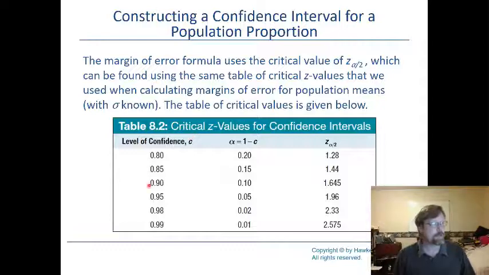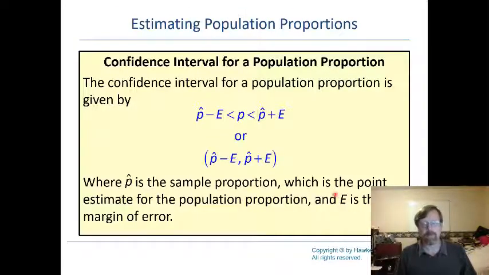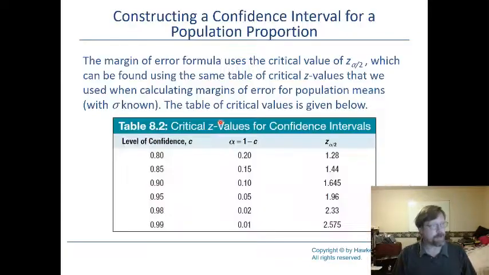So if we want a 95% confidence level, C is 0.95. Alpha, or 1 minus C, is 0.05. Alpha over 2 then would be 0.025. The Z score associated with that is 1.96. As before, the confidence interval is just our sample proportion minus the margin of error and our sample proportion plus the margin of error. E is that estimate for margin of error that came from this equation right here.